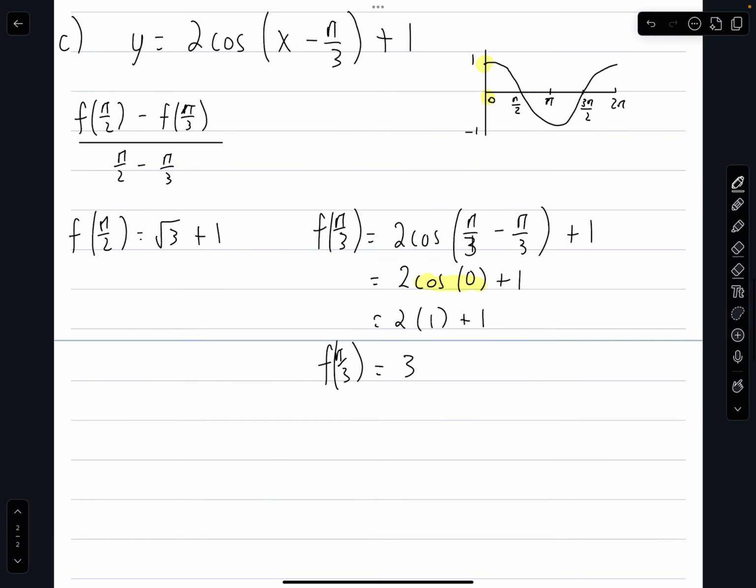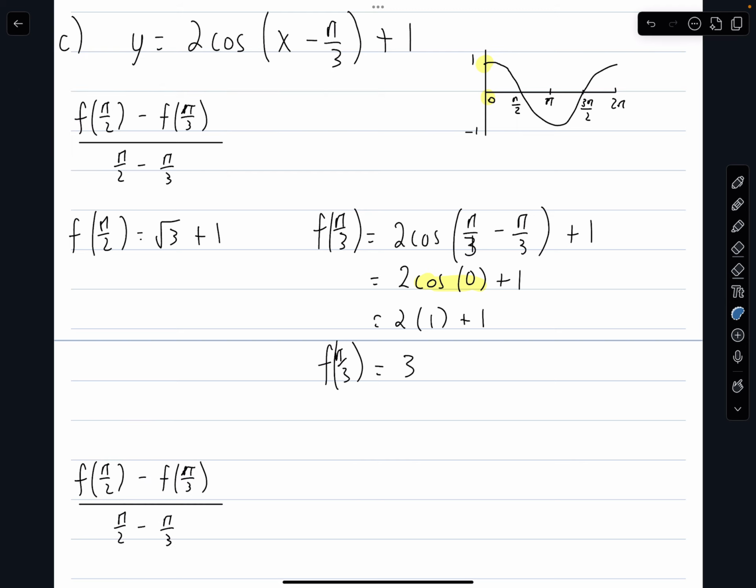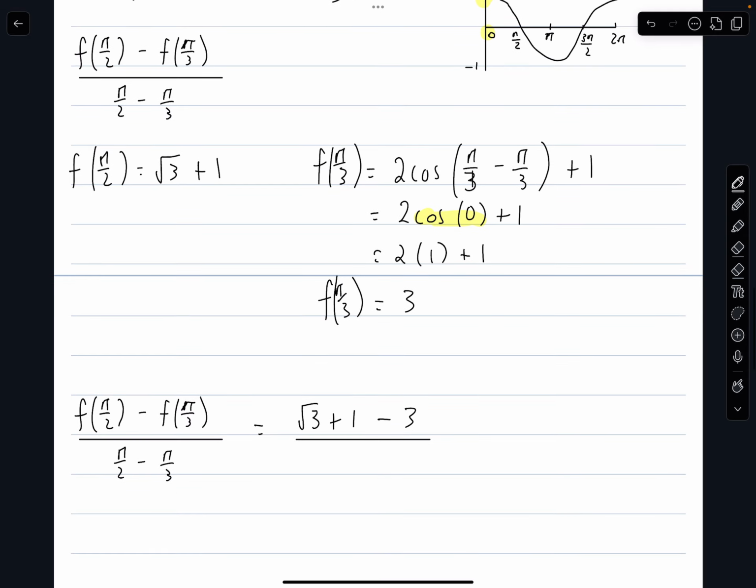Now let's put it all together. We have root 3 plus 1 minus 3 all over pi over 2 minus pi over 3. What is pi over 2 minus pi over 3? We actually got to do some math for that. So we got to multiply this by 3. We got to multiply this by 2 because we're subtracting fractions.